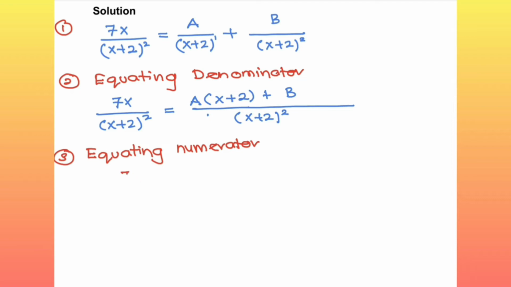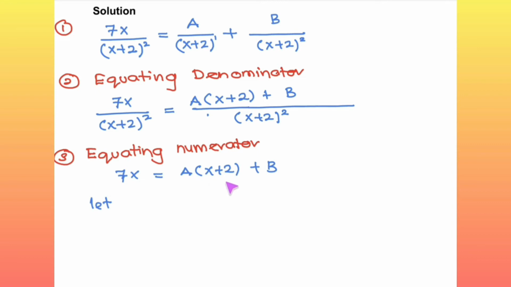So we have here 7x is equal to A times x plus 2 plus B. And then use the same procedure, substitute the value of x to find A and B. To find B, we can make A zero.